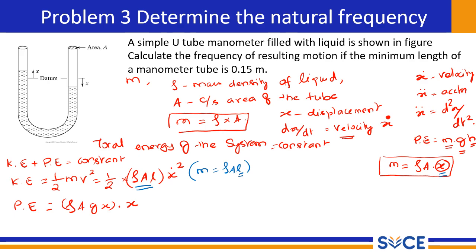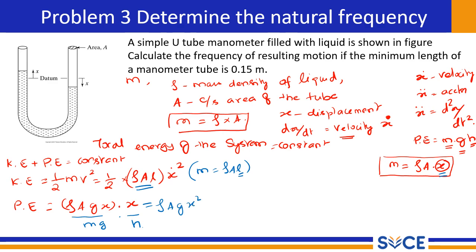So this is m, rho A, g. G is gravity, m into g. This part is once again the displaced liquid, h, the height of difference. So now you can understand very well. So the potential energy is rho A g x square.